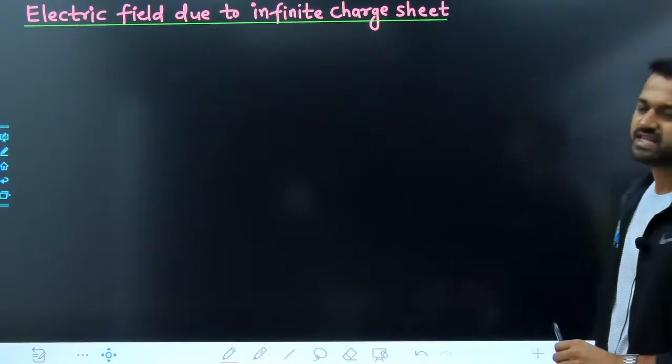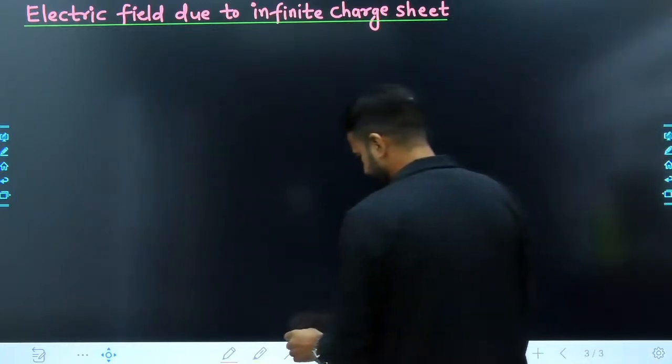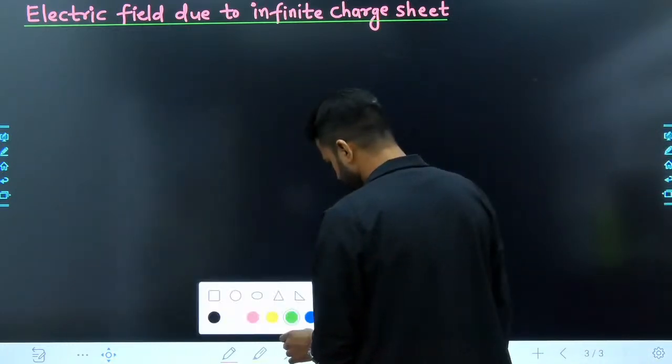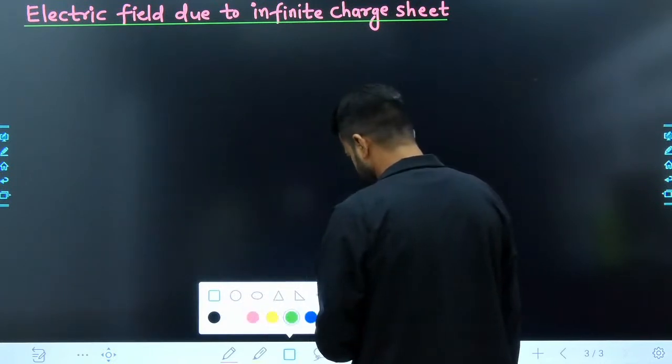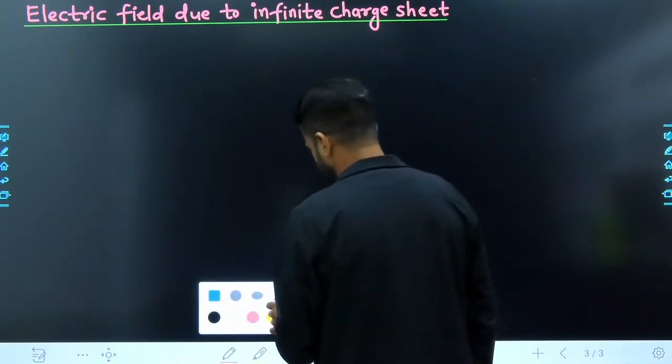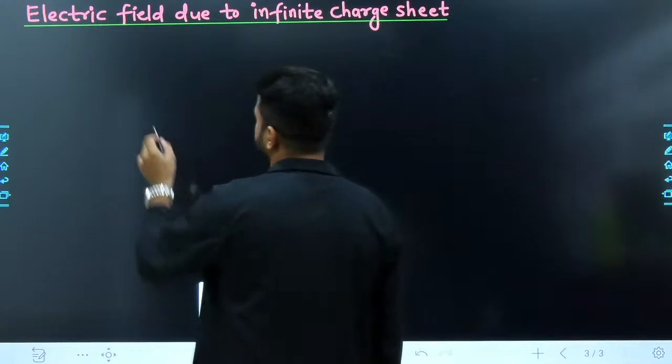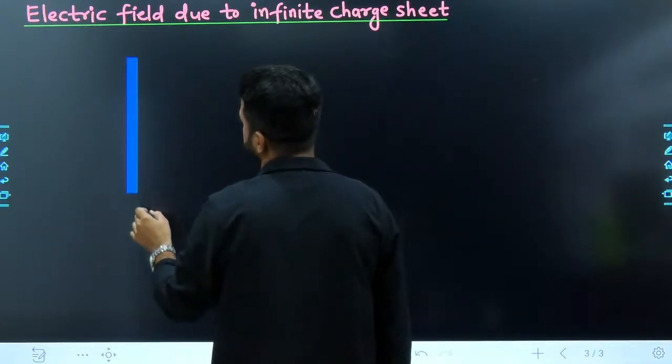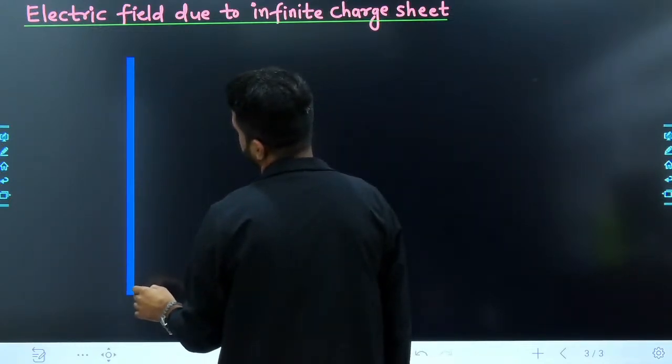So in the infinite charge sheet, what will happen? Suppose we will be having a charge, infinite line charge like this.